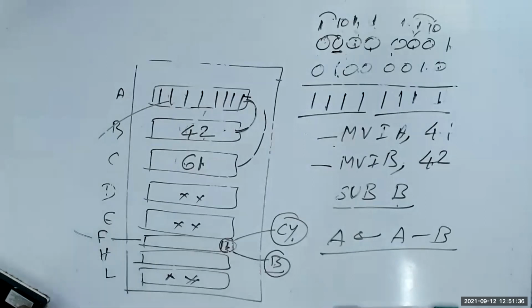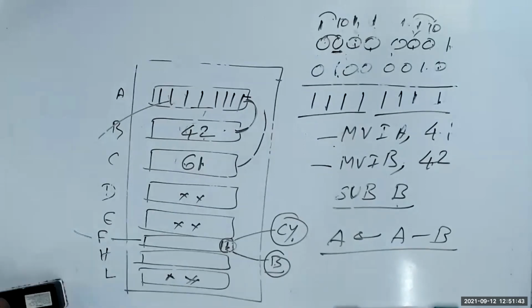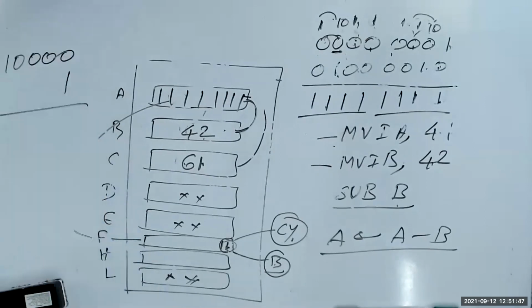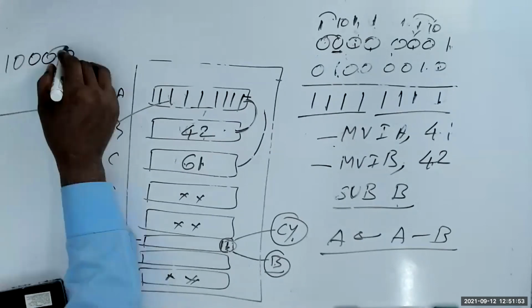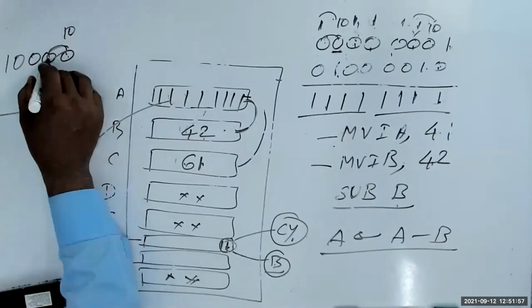Watch this video. This is simple. If I ask you 1000 minus 1, how do you do that? Oh, 0 minus 1, so no subtraction. You borrow 1, 10. 10 minus 1 is 9. They don't have, so I keep on borrowing.